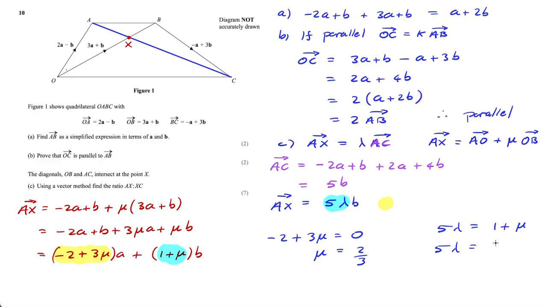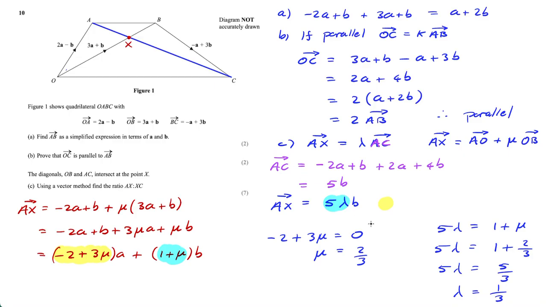Now we know mu is 2 over 3, so that's 1 plus 2 over 3. Well, let's just do this. 5 lambda is 3 over 3 plus 2 over 3, which is 5 over 3. So lambda is equal to 1 over 3. So this, now just be careful, that's not the answer. He wants AX to XC.